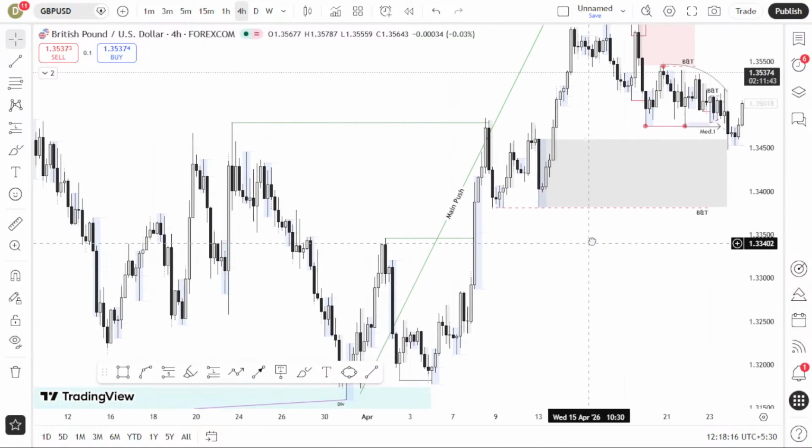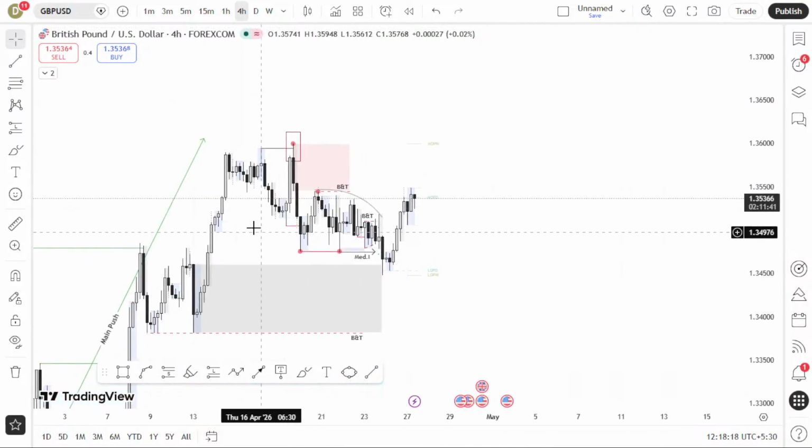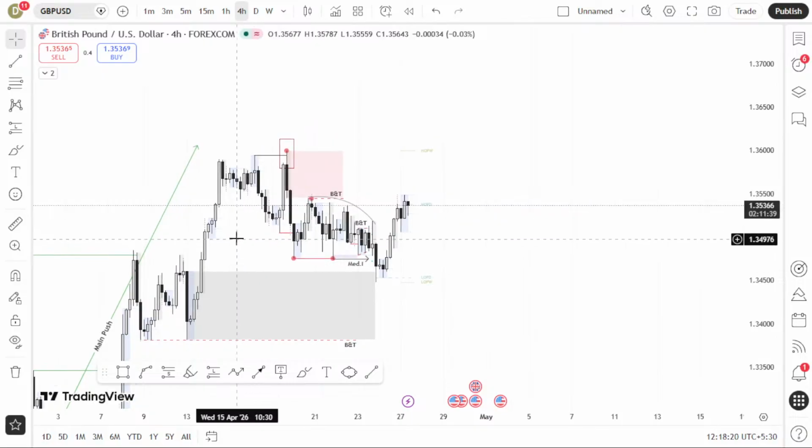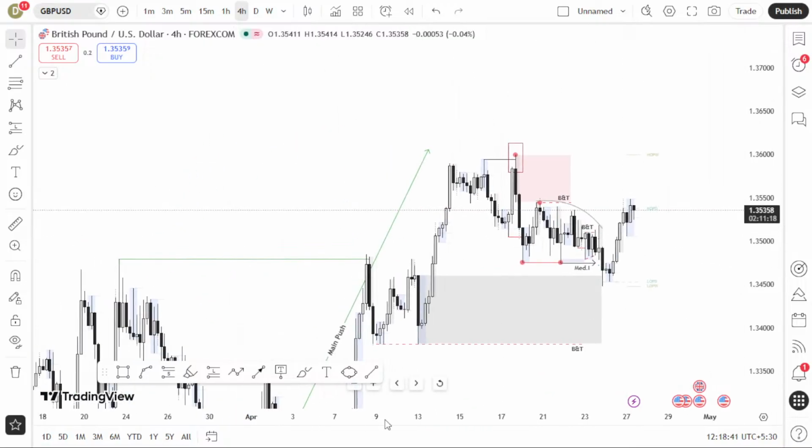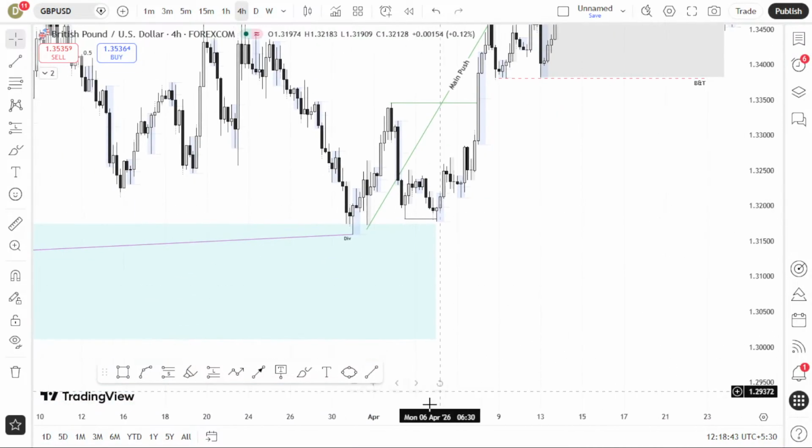Unlike euro, GBP has been in the main push. The bullishness has also been the main push for the higher time frame. If you see in euro, we are expecting a bullish push out of a manipulation, but here it is moving significantly higher without any inducements to the downside.